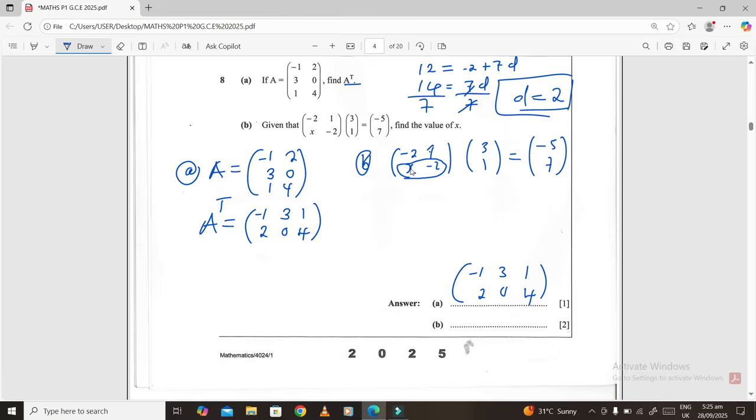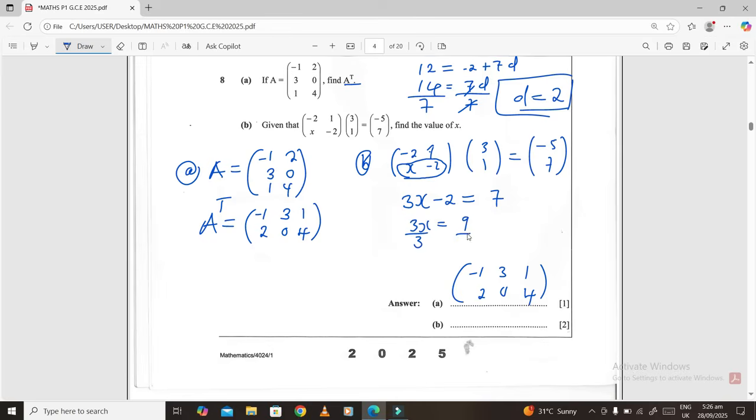The entry which is starting here, which is x, will be multiplied by the entry which is here. So it will be 3x. And then the entry that's negative 2 will be multiplied by the entry which is right here. So it will give us negative 2, which is equal to, you follow the row, this row will go with the number which is below. So that is 7. Now solve that equation to give us 9.